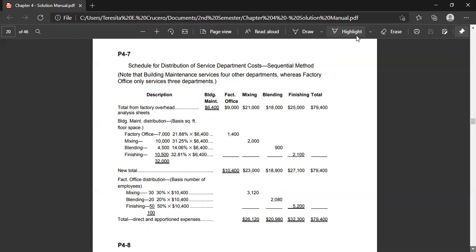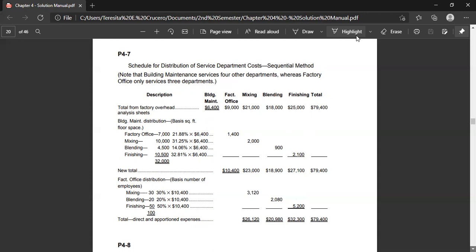So that's why the factory office occupying 7,000 square feet, you divide that by the total square feet occupied by the four departments, and you get the proportionate rate for the factory office, 21.88% times the cost of the building maintenance.